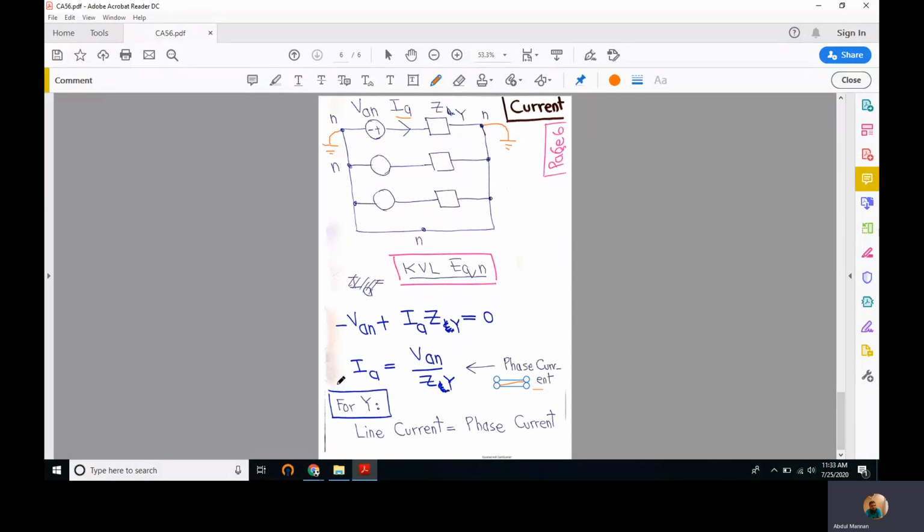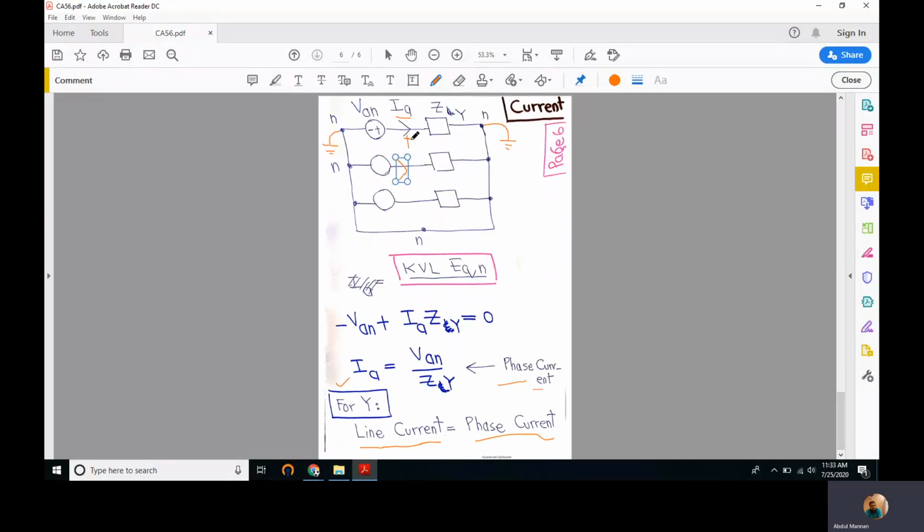For Y-connected source and loads, or for a Y-connected system, there is no separate line current. Line current is the same as phase current. In fact, line current isn't different from phase current. Line current and phase currents are the same. So to summarize, in a Y-connected system, we have two different sets of voltages, but we do not have two different sets of currents. There is only one set of current, IA, IB, and IC.